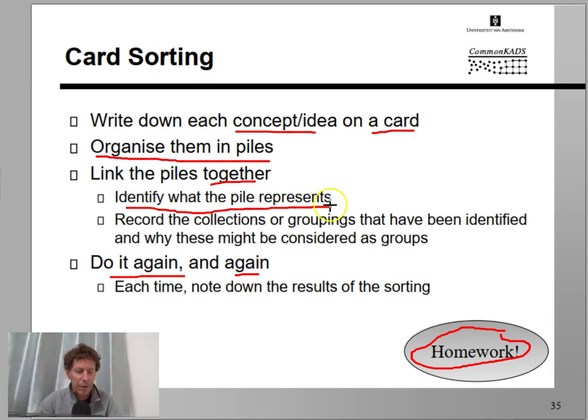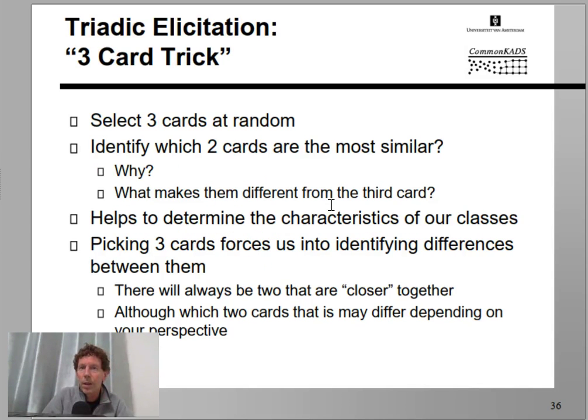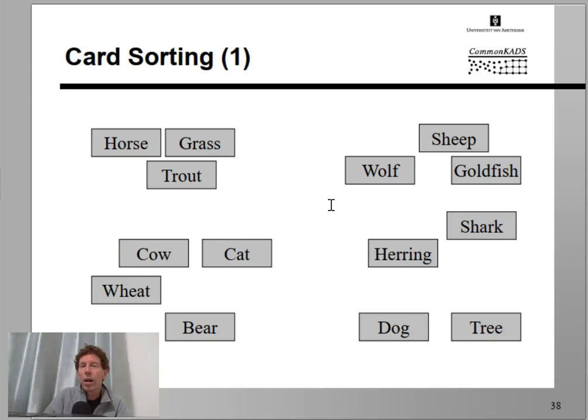And this may sound a little bit abstract. So let's do this in an example. And as I said, we'll also do this in class. So let's take an example, animals. Okay, so here are stacks of cards on animals, right?